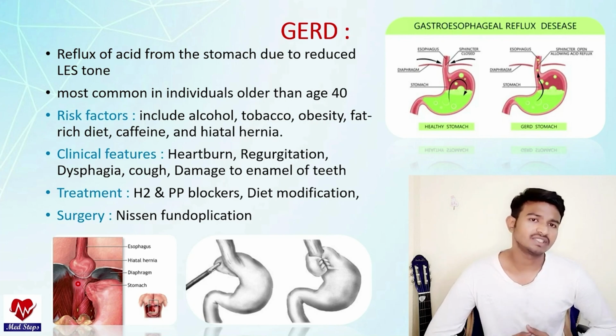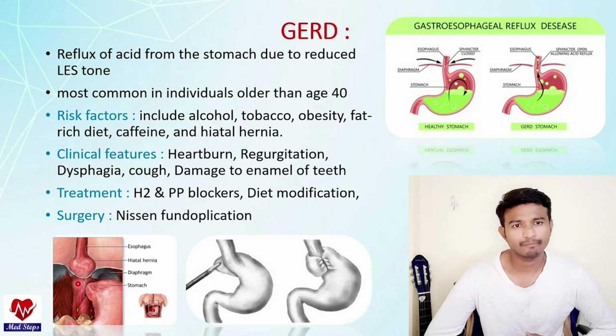Now, clinical features. What are the signs and symptoms we can see in gastroesophageal reflux disease? Heartburn, the first point, is very important. Next, regurgitation. Regurgitation means acidic content comes into the mouth.